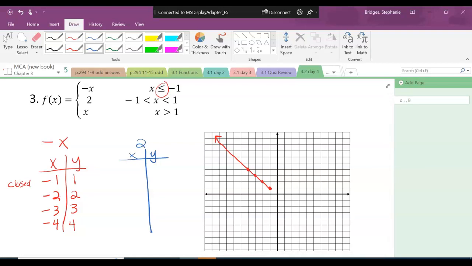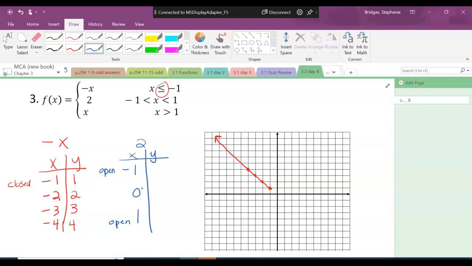The middle one, it says my function is 2, but it gives me a range. I want everything in between negative 1 and positive 1. So I'm going to start with negative 1. Am I going to be open or closed at negative 1? Open. And then my ending number is going to be positive 1. Is it going to be open or closed there? Open. And what's in between negative 1 and positive 1? 0. But when I go to plug those into my function, which is just 2, is there anywhere for me to put an x?